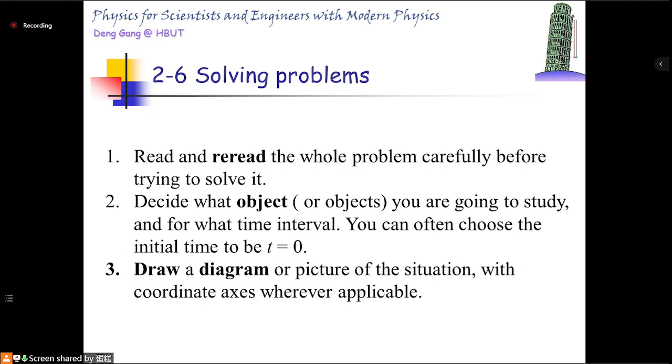So we are going to use these equations or the calculus to solve the problems.